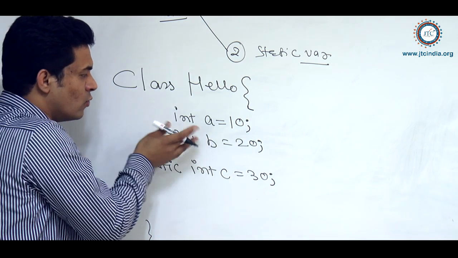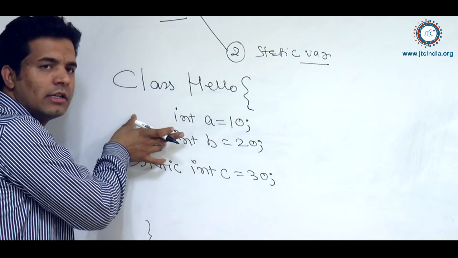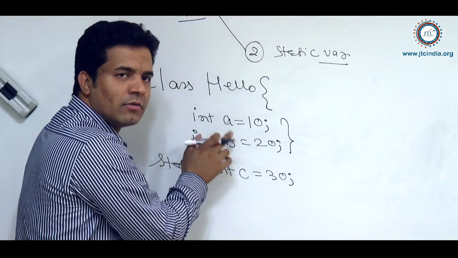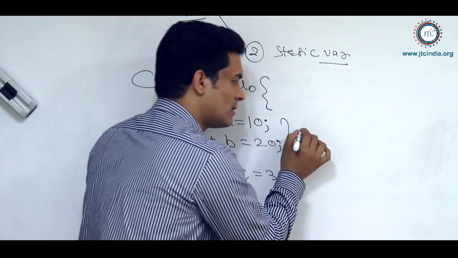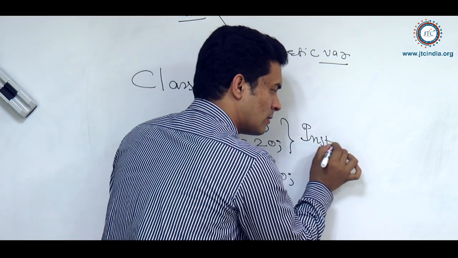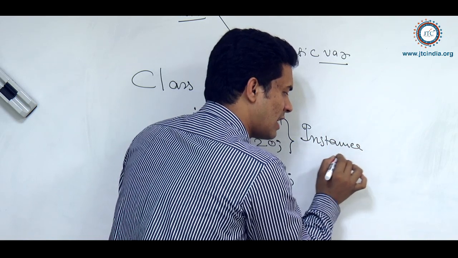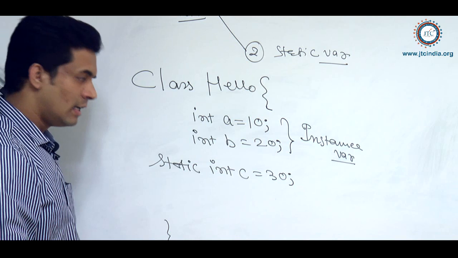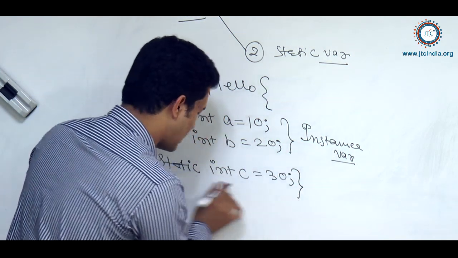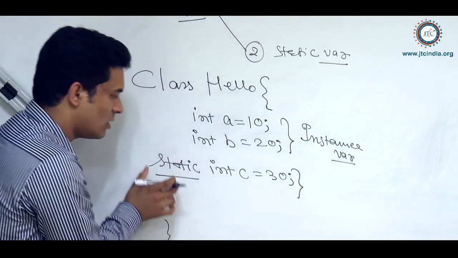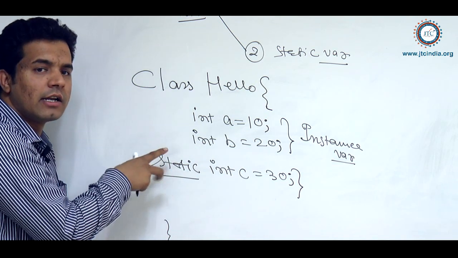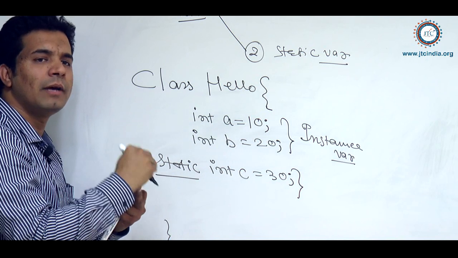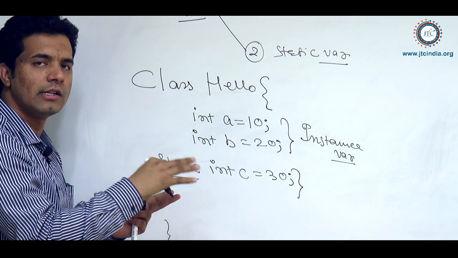So these two variables a and b which I have written here in the class are called instance variables, fine. And the variable which I am writing with the static keyword should be directly inside the class, not inside any method or block or anything else, right?